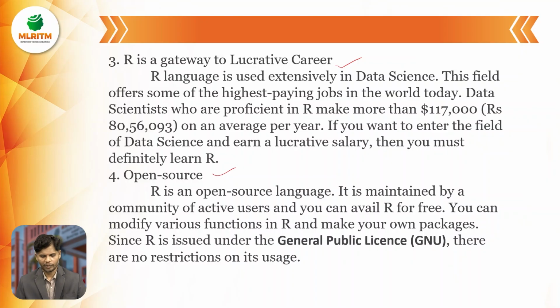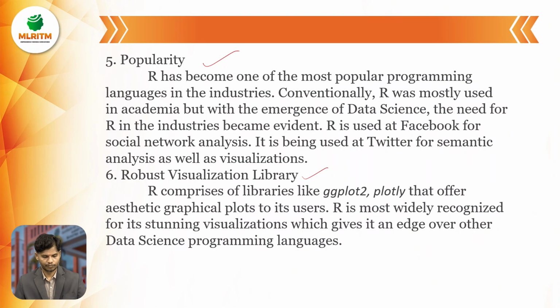R is open source. It is maintained by a community of active users, and you can get R for free. You can modify various functions in R and make your own packages. Since R is issued under the General Public License, there are no restrictions on its usage.